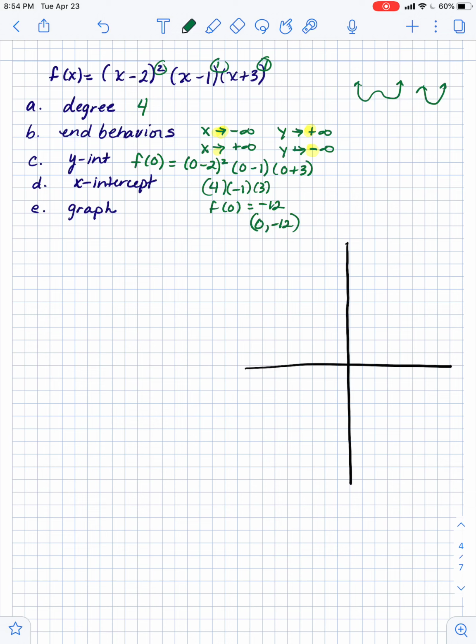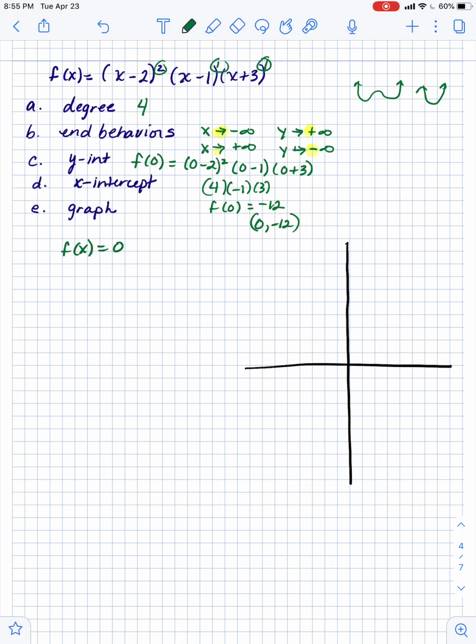Now the next thing we're going to do is find our x-intercepts. Since this is already factored, this is where your y, excuse me, in this case f of x, is equal to 0.